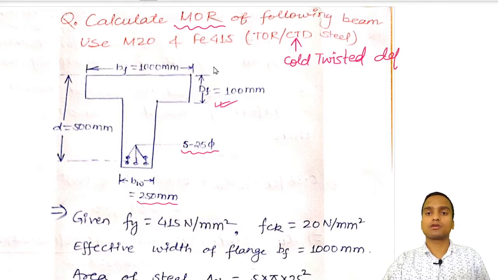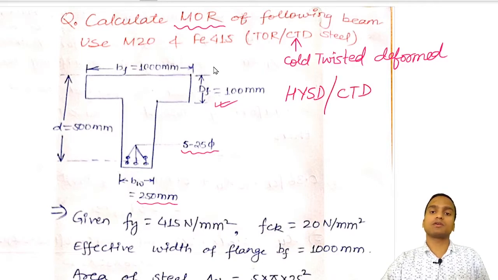So there are different names for Fe 415 and Fe 500 steel; they can be called HYSD steel, CTD steel, or Tor steel. There is not much difference in all of these three cases.